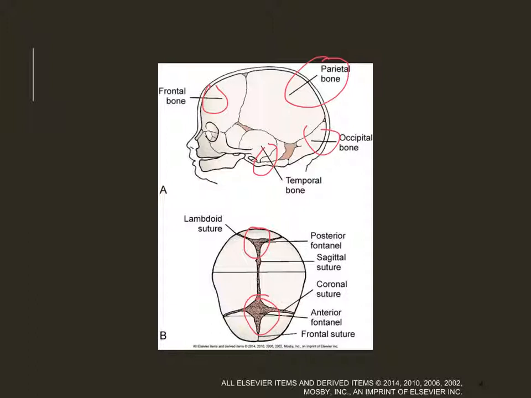When we talk about the newborn themselves, we'll talk about a caput and a cephalohematoma that can occur and what makes them different versus just regular molding. So this is where it's important to know that you have the posterior fontanelle, the anterior fontanelle, and that actual intersection of the sutures.